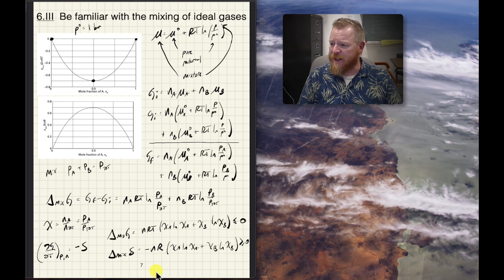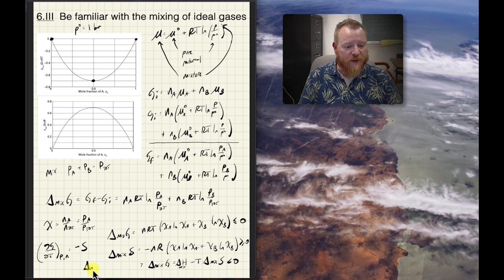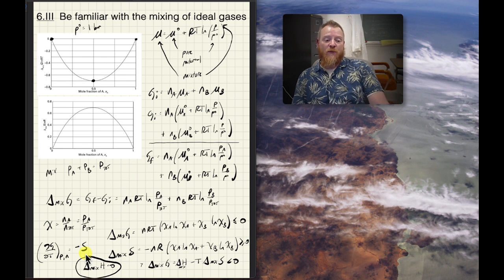And furthermore, so I didn't do very good board management here. If we remember our definition, another definition for delta G equals delta H of mix minus T delta S of mixing. Well, because that always has to be negative, right, we can conclude that delta H of mixing ideal gases must always be 0.